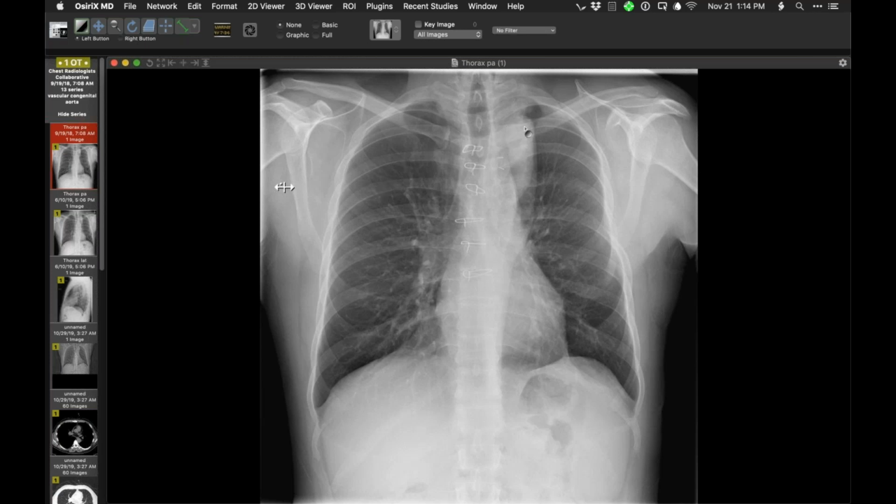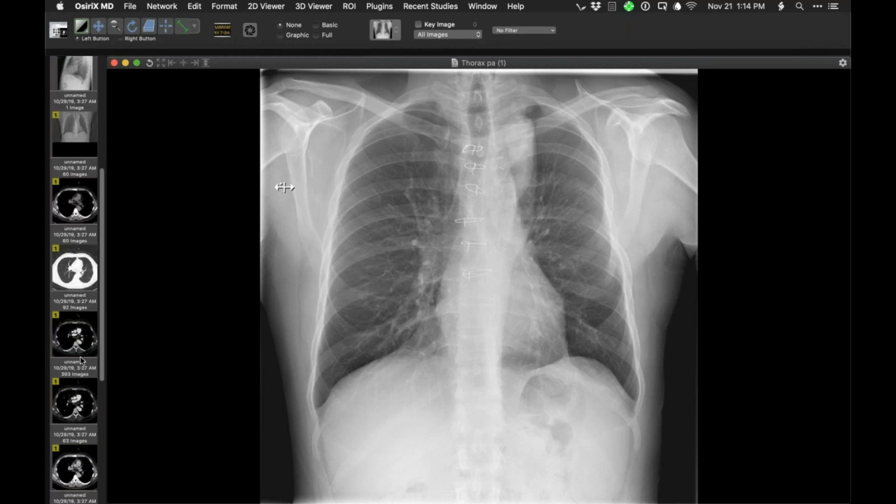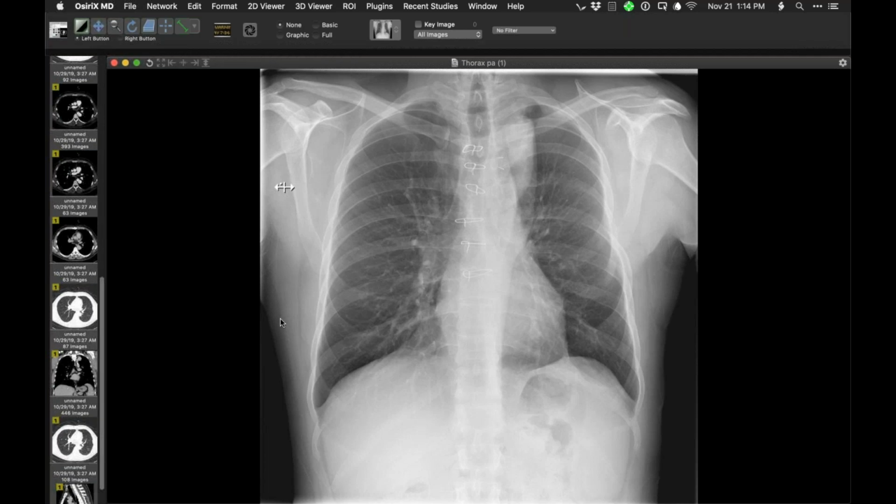interesting finding is the presence of this, which is clearly a tubular structure, and the person has had a prior surgery. You can see that from some rib deformity there. So this is an example of the bypass from ascending to descending aorta, bypassing aortic coarctation surgery.